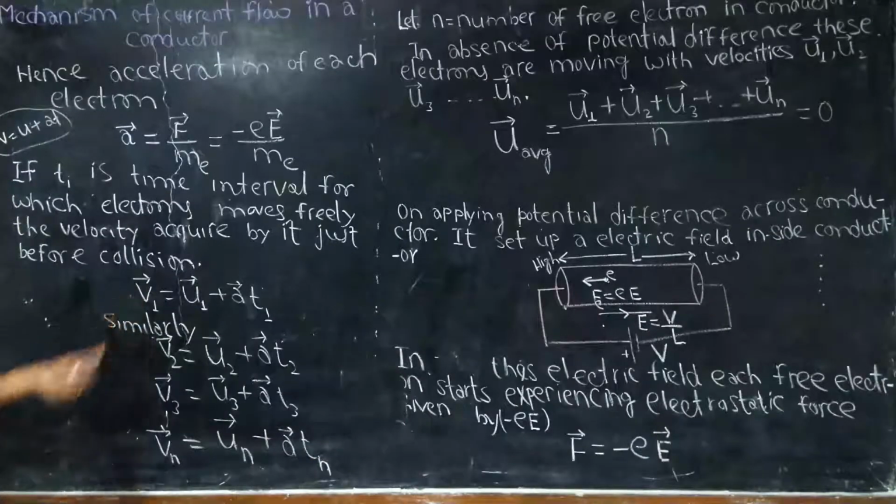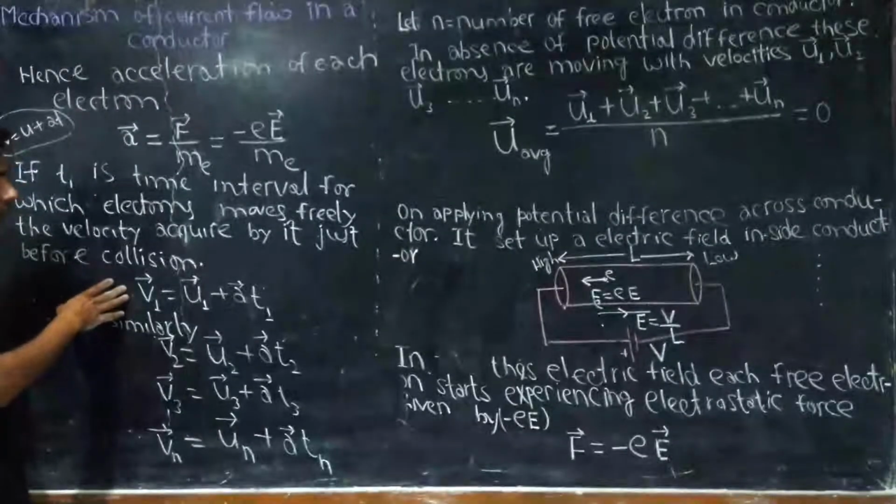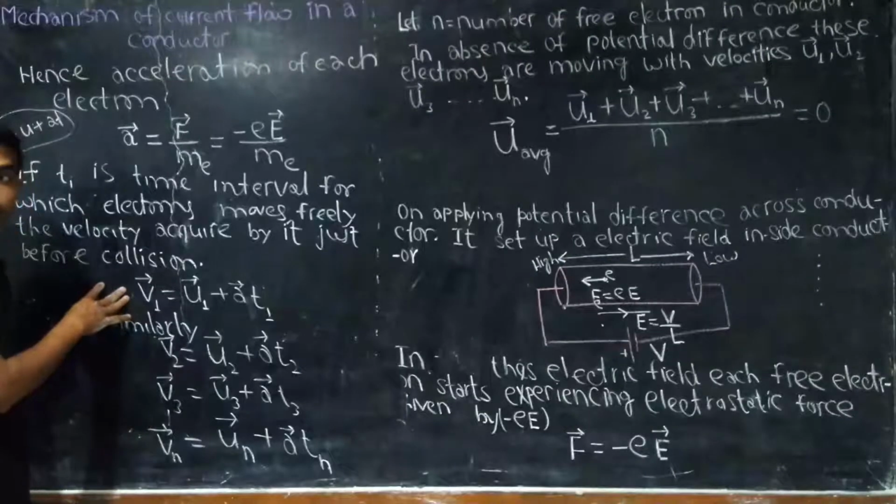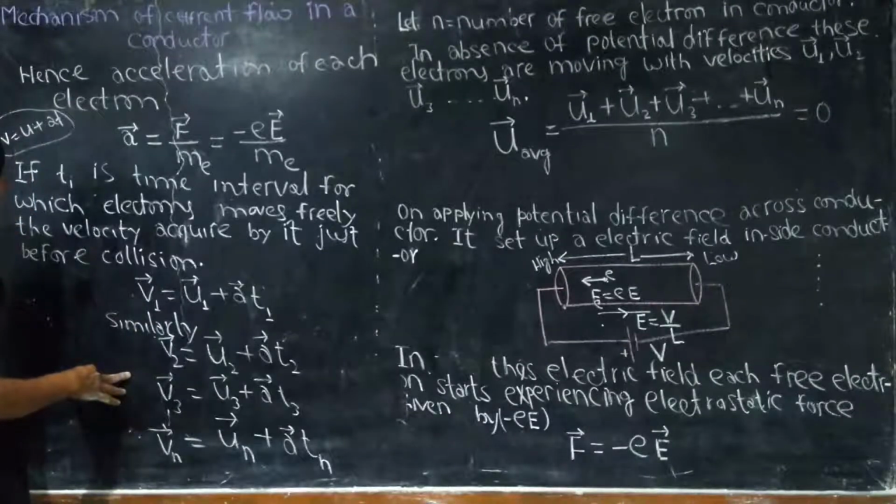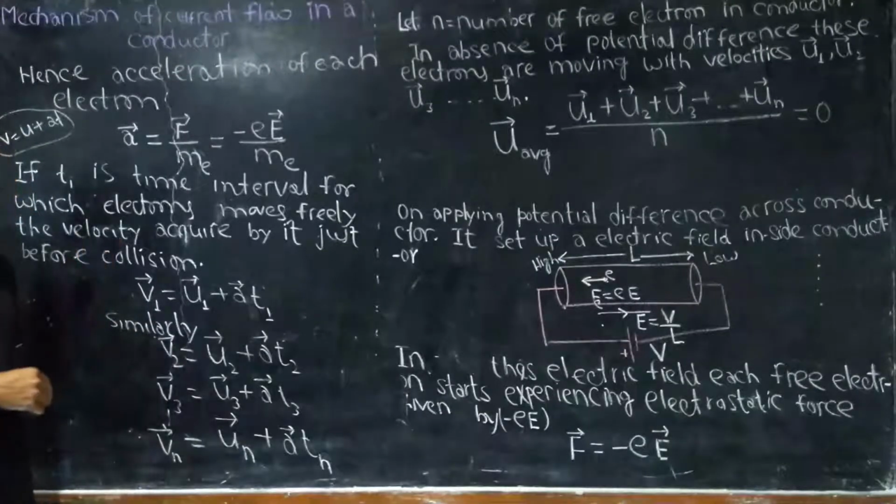These are the final velocities acquired by the electrons in the electric field. Next we are going to calculate the ratio of this.